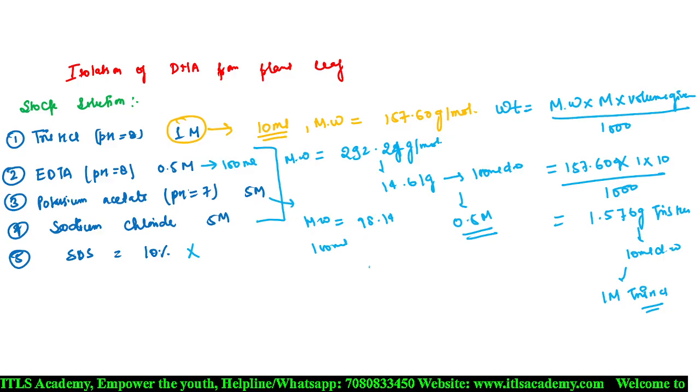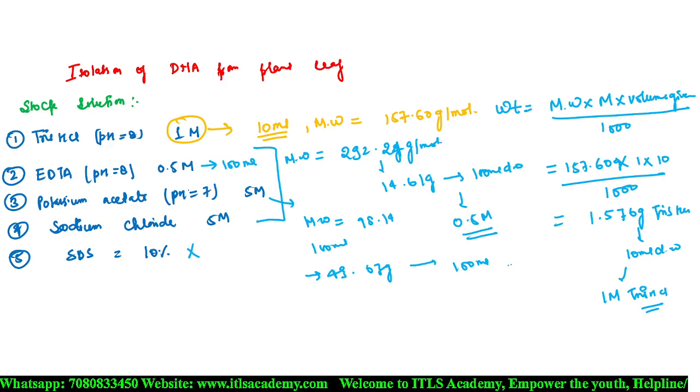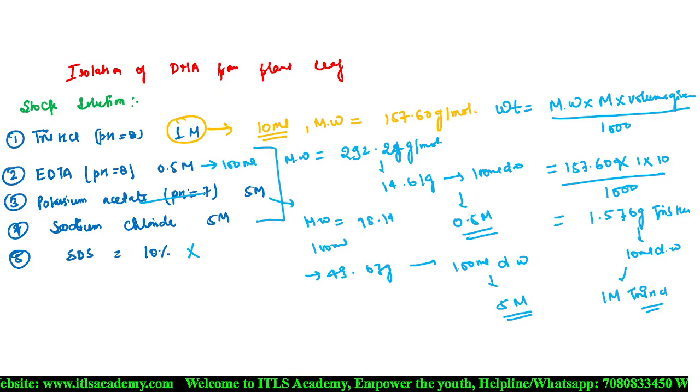That is 49.07. Exactly, 49.07 grams of this potassium acetate will be dissolved into 100 ml of distilled water. Then we get 5 molar of potassium acetate.